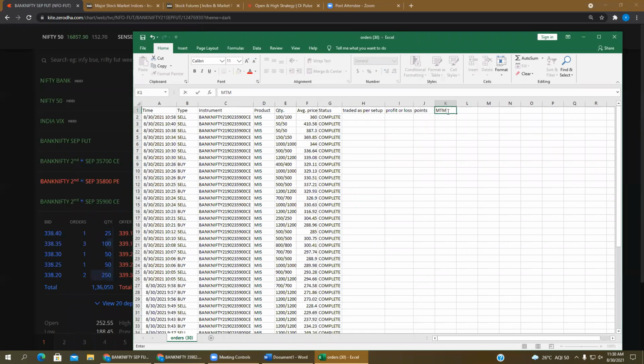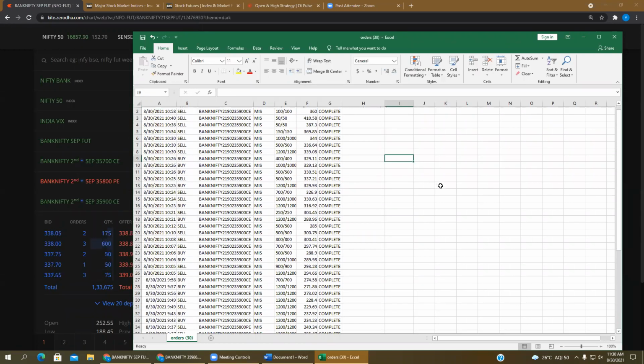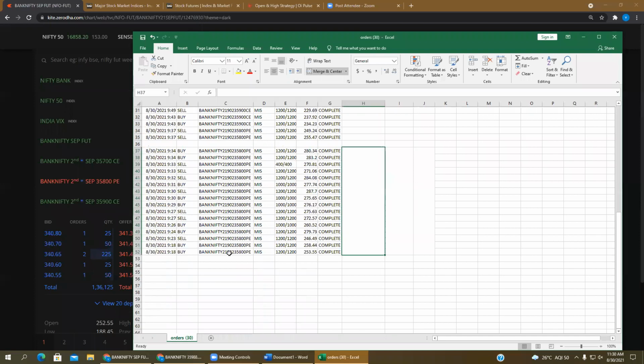Here I can put M2M. Now my buying price, I'm just going to give you a rough calculation, a rough average of how much I bought and at what price I sold. Yeah, I only use Zerodha. So my average was 271. Wait a minute.